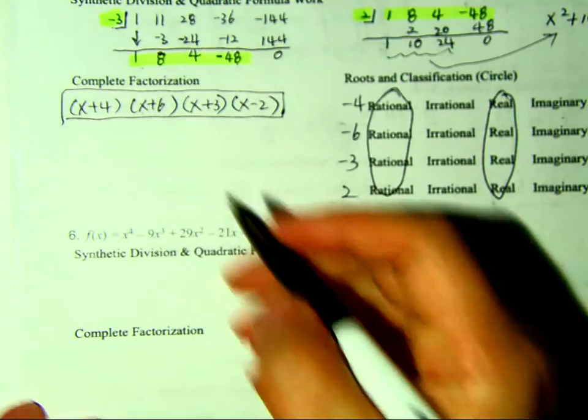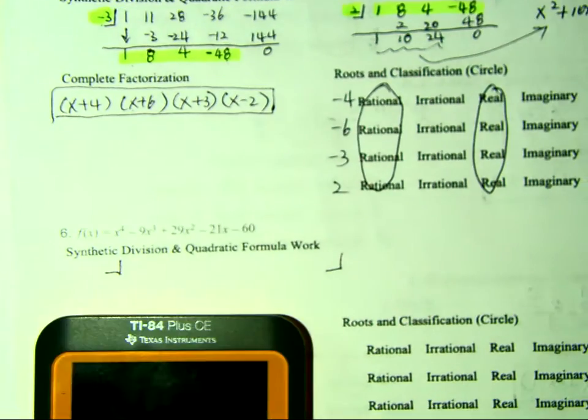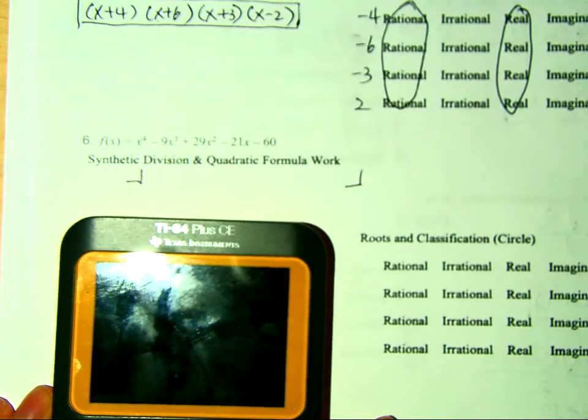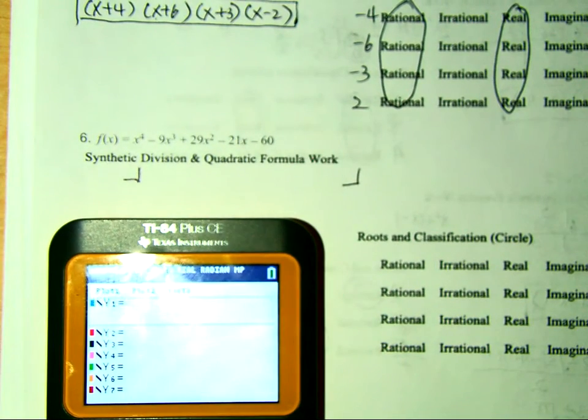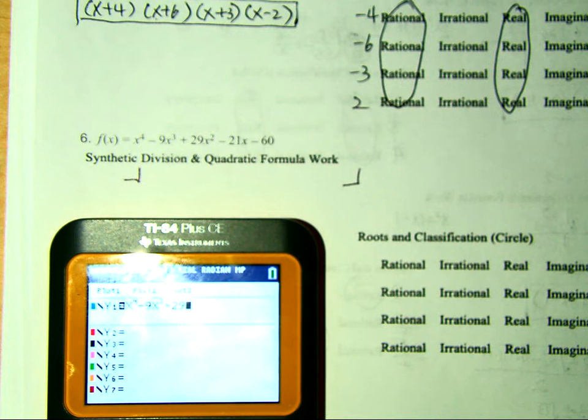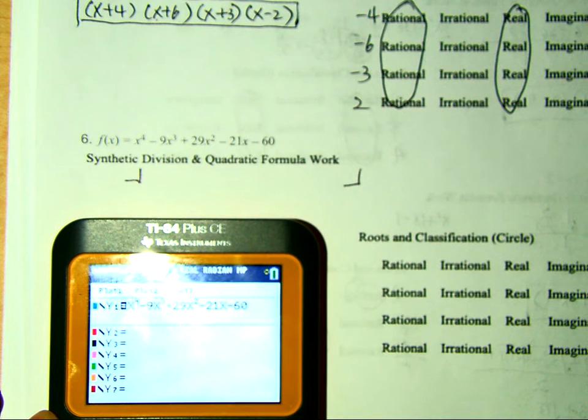For number 6, same thing. Let's find the 2 synthetic divisions we need. Calculator. x power 4 minus 9x power 3 plus 29x squared minus 21x minus 16, and go to table.